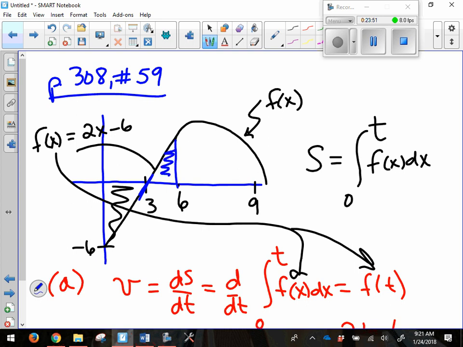Okay, so this area will be what? +9. So that's going to cancel out my -9 from there. Okay, and then I'll know that I've gone 9 one way and I've come back 9 the other way, and I'm back at the origin. Because I want the area under the curve to be equal to 0.